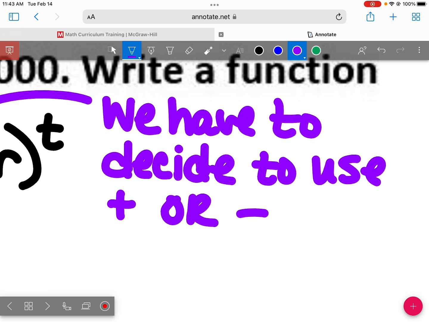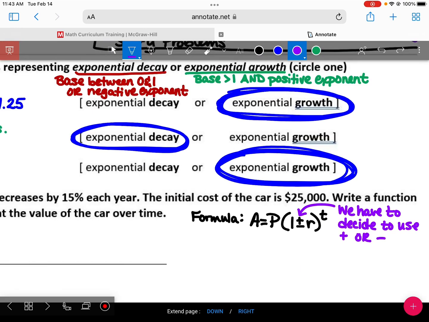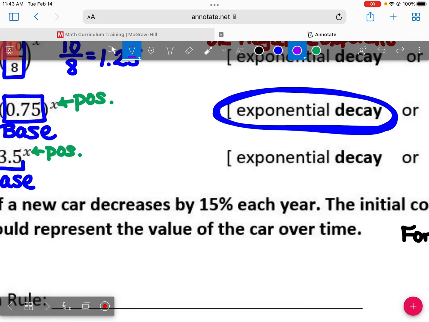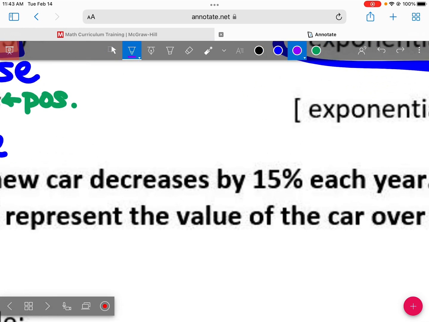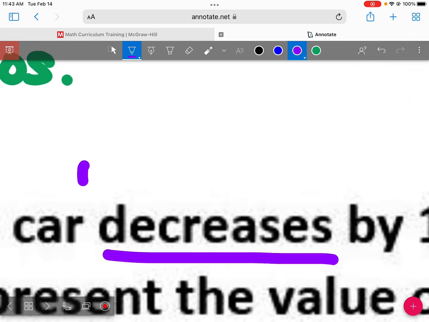In this problem, are we going to use the plus or the minus? What do you think? Would I use the plus or the minus here? Minus. Why? Because it says decreases. So we will use subtraction.